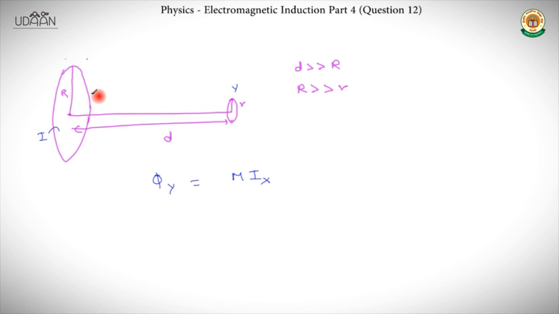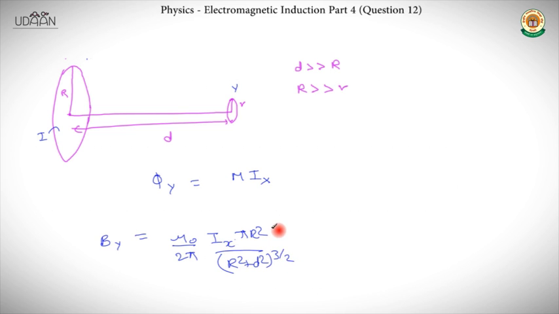Let me think of this ring as a dipole, and because of this dipole, we can calculate the B at this point. Exactly. B at y, because of the ring, would be mu naught by 2 pi, Ix into 2 pi r square by r square plus d square to the power 3 by 2.